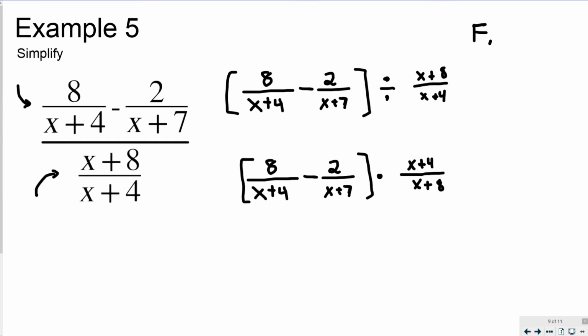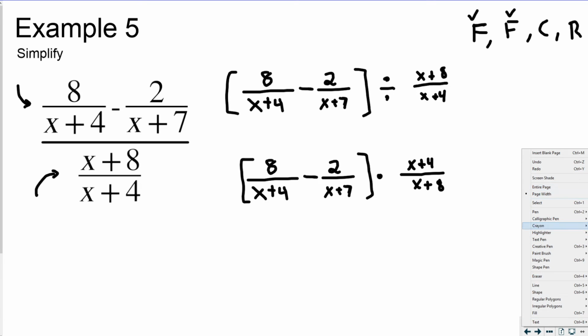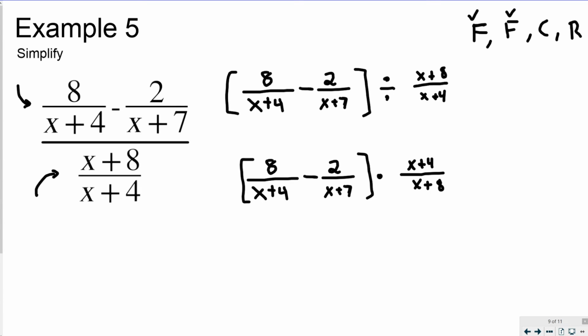There's no factoring to be done here, so the flipping is done and the factoring is done. But now we have to actually simplify so that we can cancel. So what we're going to do is create a common denominator.